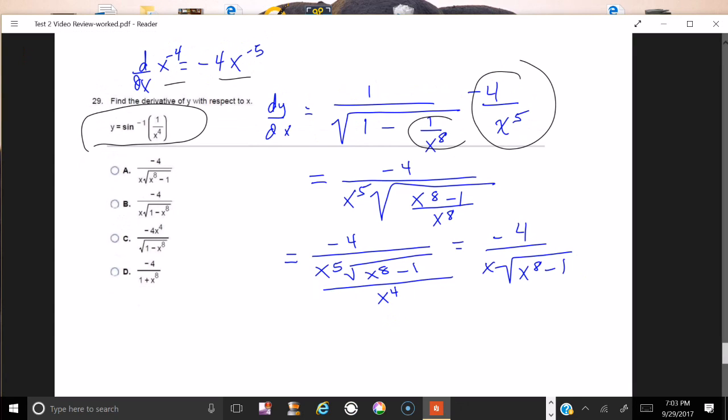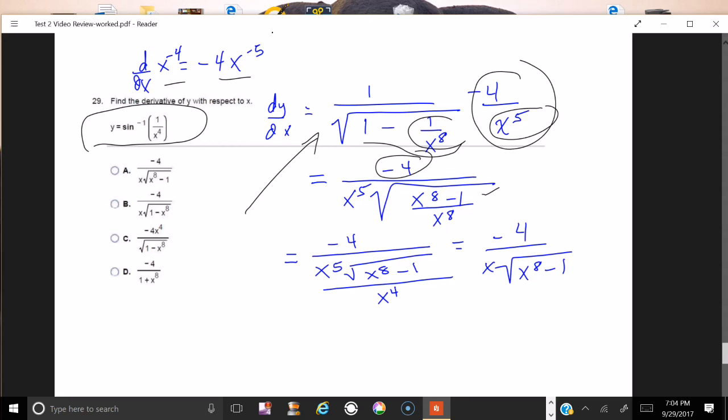And now we need to simplify this. The square root of 1 minus 1 over x to the 8th is the square root of x to the 8th minus 1, divided by x to the 8th. We have minus 4 in the numerator, and notice x to the 5th is multiplying the radical here.